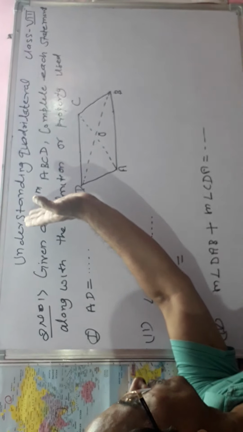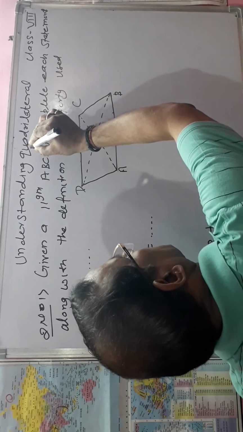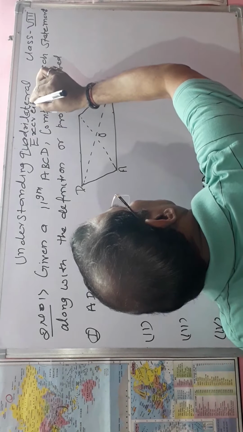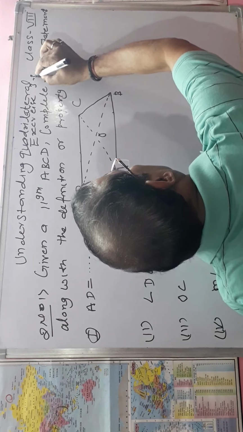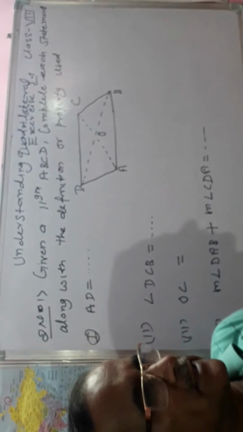Dear students, today we will come on understanding quadrilaterals, exercise number 3.3. Exercise 3.3. So we will solve some questions and then you will be able to solve the remaining questions.